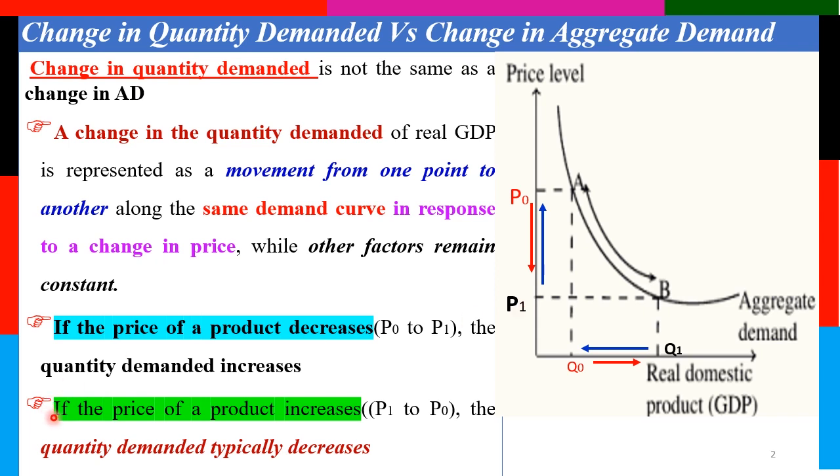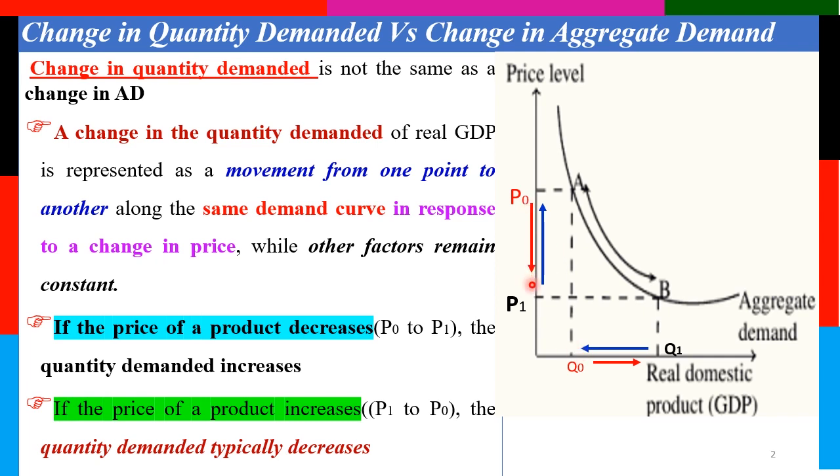On the other hand, if the price of the product increases, let's say from P1 to P0, then the quantity demanded decreases from Q1 to Q0. It goes back. This shows that there is an opposite relationship between the price and the quantity demanded.